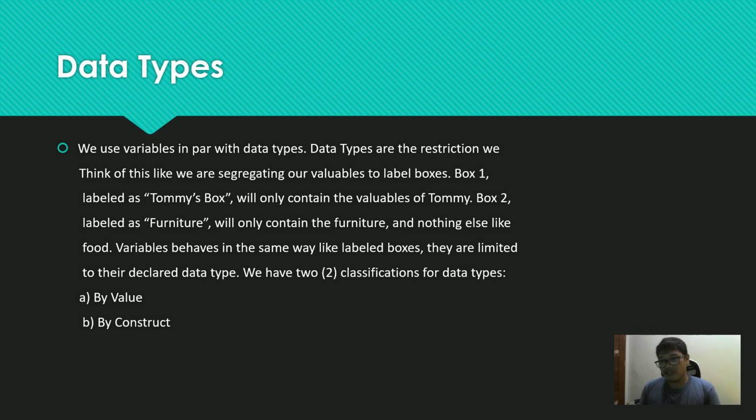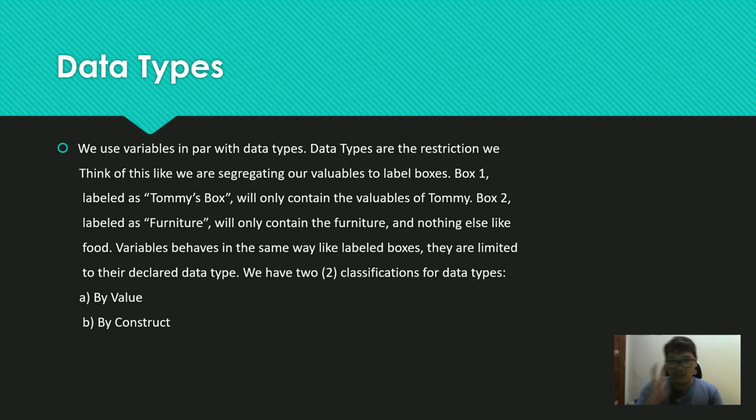Box 1, labeled as Tommy's box, will only contain the valuables of Tommy. Box 2, labeled as furniture, will only contain furniture and nothing else, like food. Variables behave in the same way as labeled boxes.